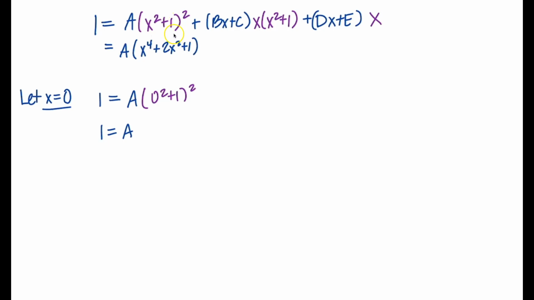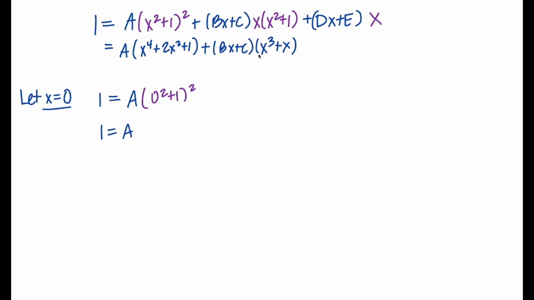So multiplying out a binomial isn't too difficult to do in our head, right? So we'll do that. And then plus bx plus c. And then here I'll just multiply out x times x squared plus 1. So x cubed plus x. And then here I'm just going to leave this one because I can think about this one in my head. So I'm only going to multiply out sort of what I need to.